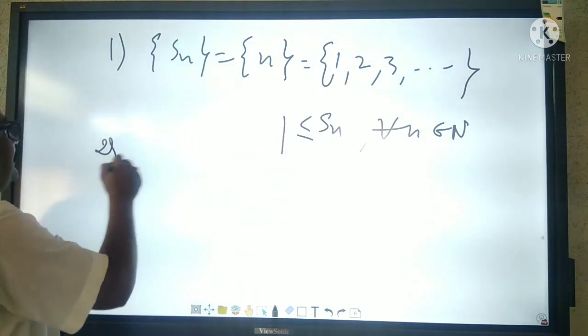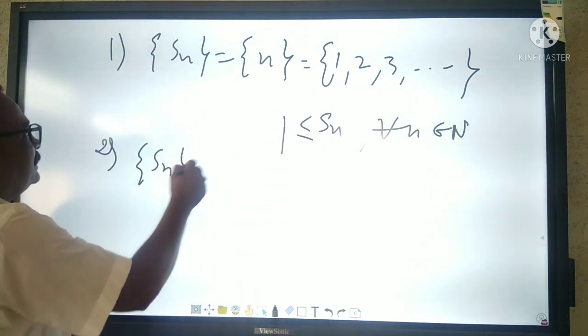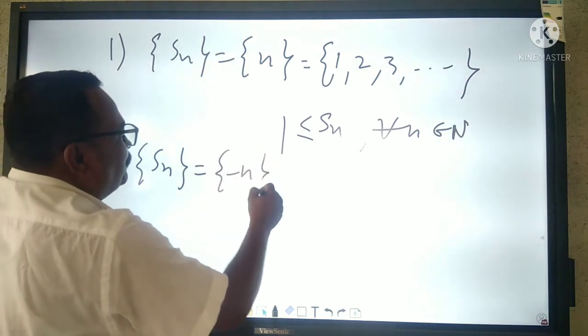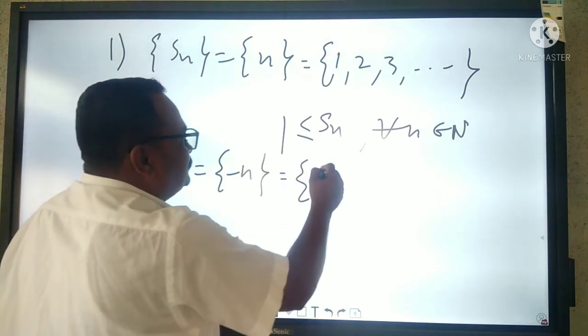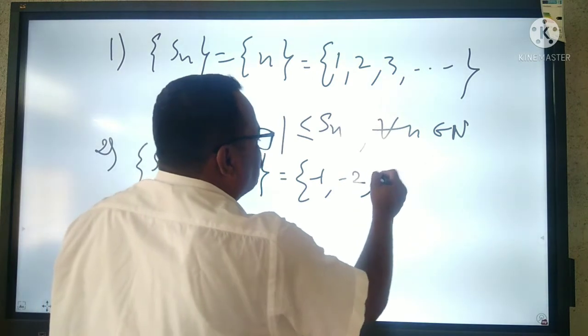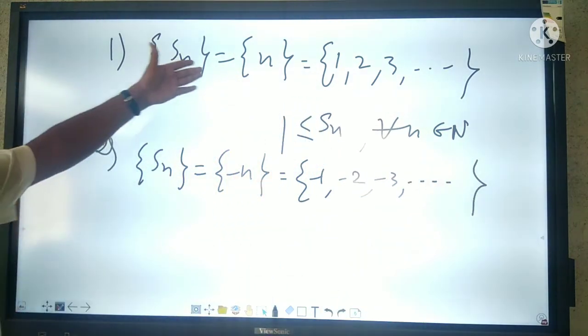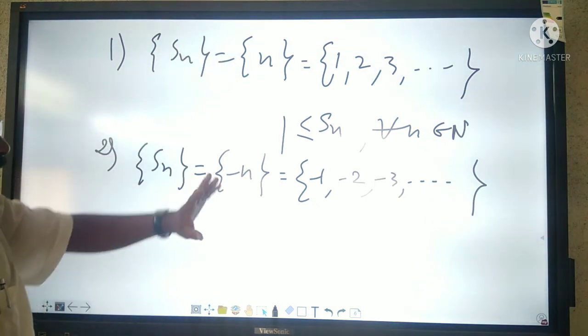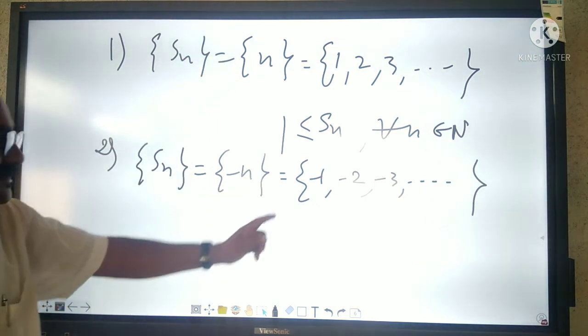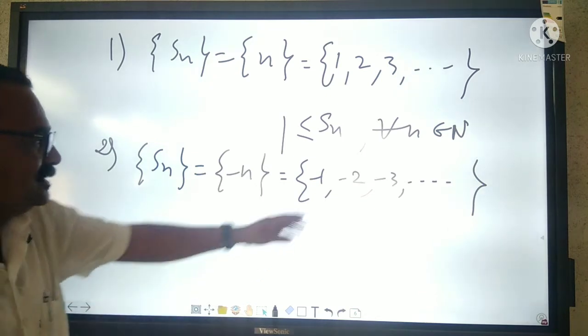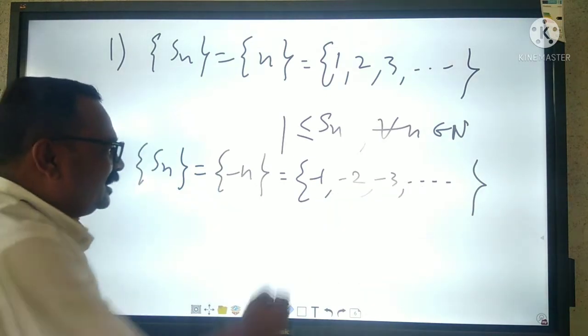One more example: the sequence Sn equal to minus n. The terms in the sequence are minus 1, minus 2, minus 3, and so on.